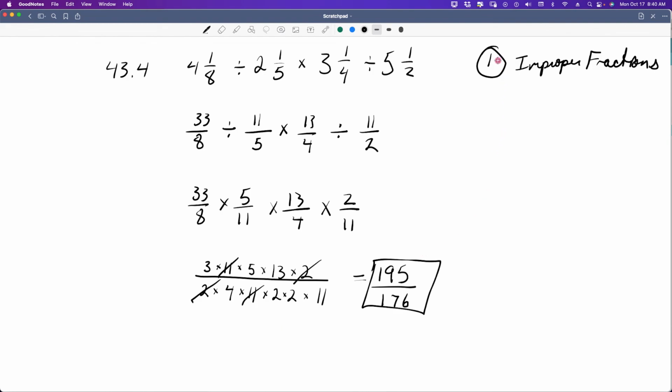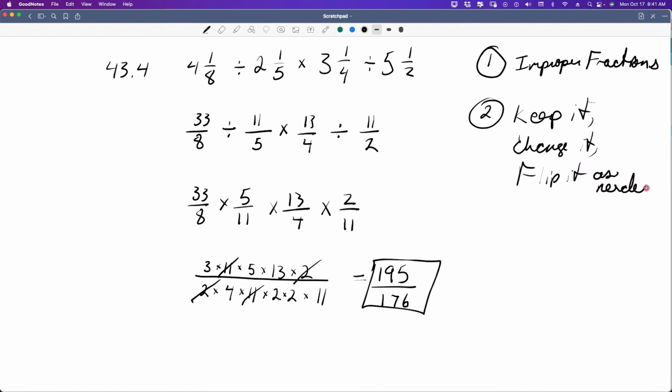Oh, I didn't finish the steps, did I? So improper fractions first. Then if you need to, keep it, change it, flip it, as needed. Then we factor and cancel.